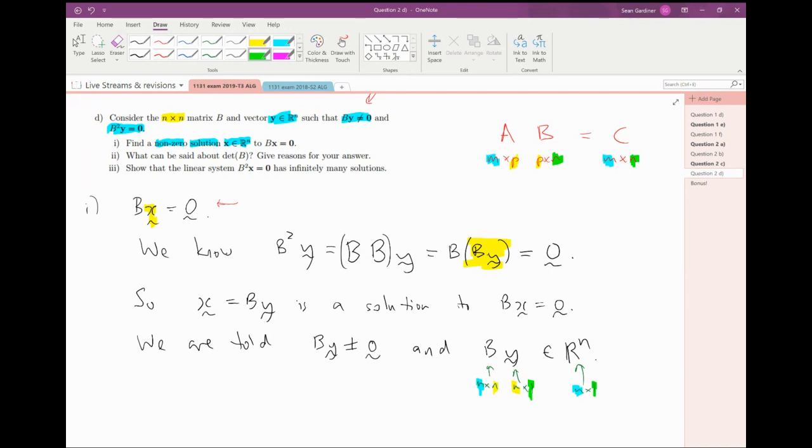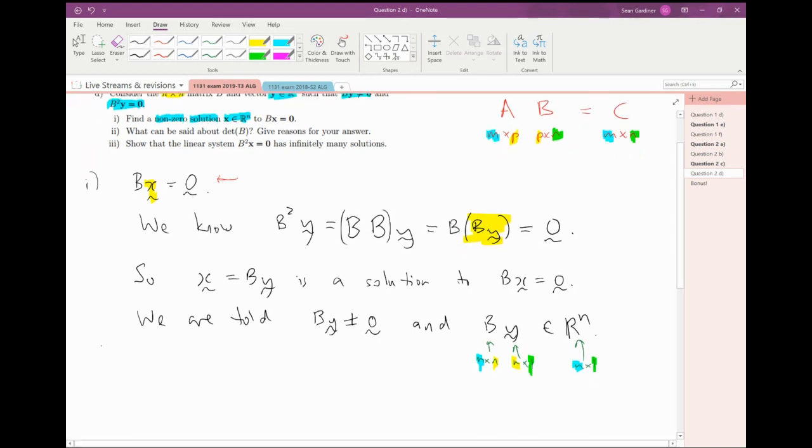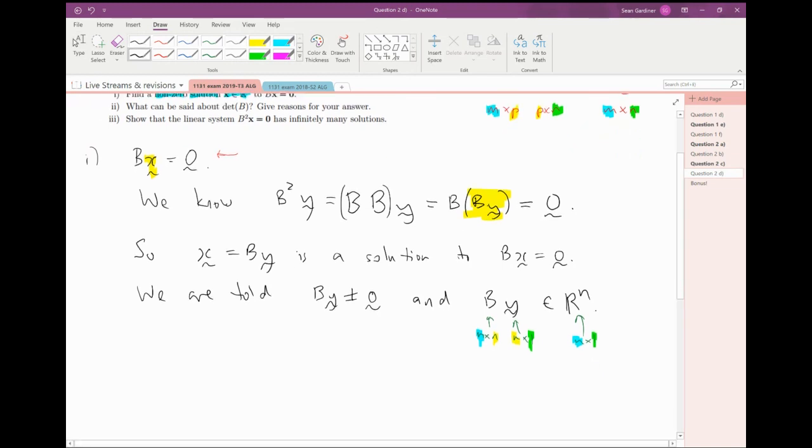So okay, let me move on to part 2 for now, where we want to say something about the determinant of B. Determinant should be pretty fresh in your memory since it's the very last topic of the algebra course for 1131.